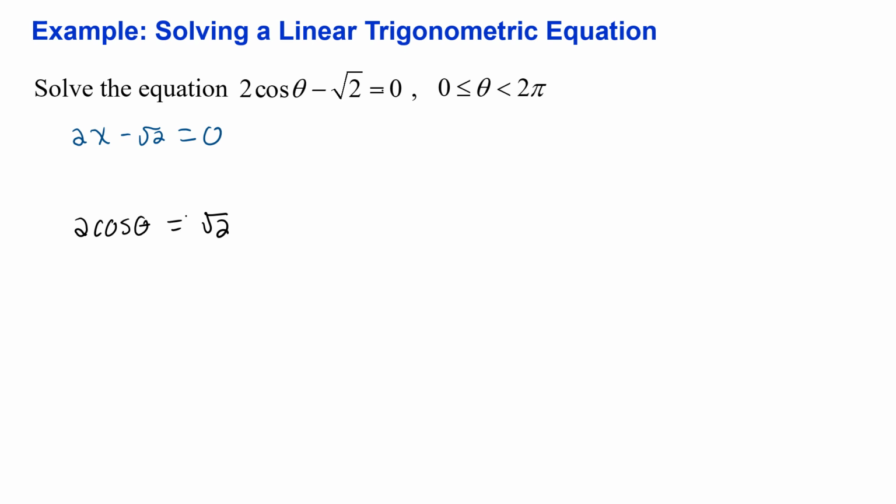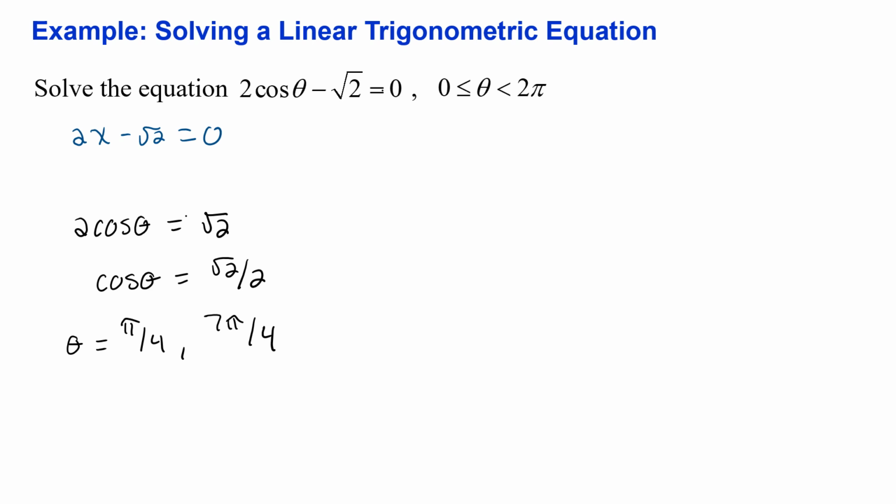Then we divide both sides by 2 and we have the equation cosine of theta equals square root 2 divided by 2. Now there are two values of theta for which cosine equals square root 2 over 2, and those are theta equals pi over 4 and 7 pi over 4.